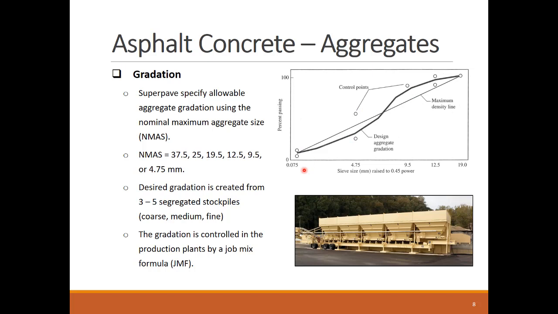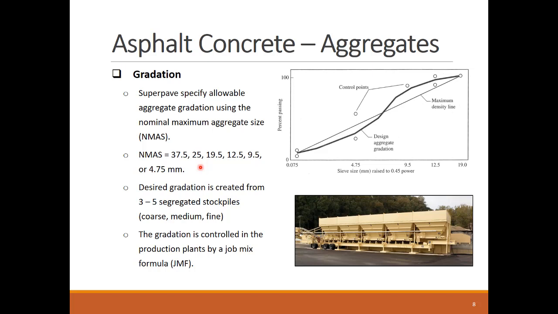N-max is one size larger than the first sieve that retains more than 10% of the aggregates. N-max design values in Superpave are 37.5, 25, 19, 12.5, 9.5, or 4.75 millimeters.